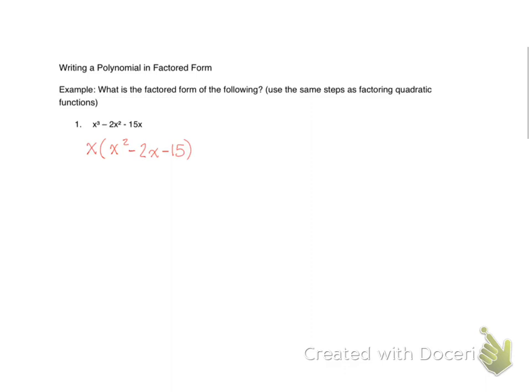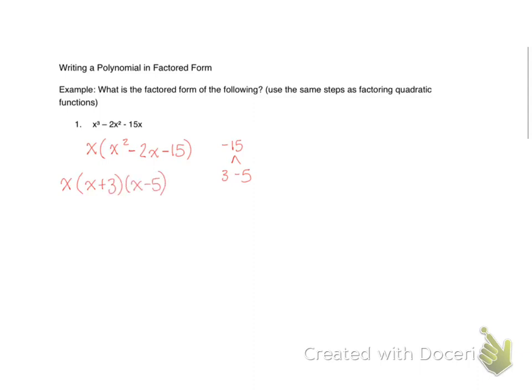Okay, now can you factor this quadratic? So are there two numbers that will multiply to give you negative 15, but add to give you negative 2? So 3 and negative 5 will work. So keeping this x around, don't lose him. You have x plus 3 and x minus 5.